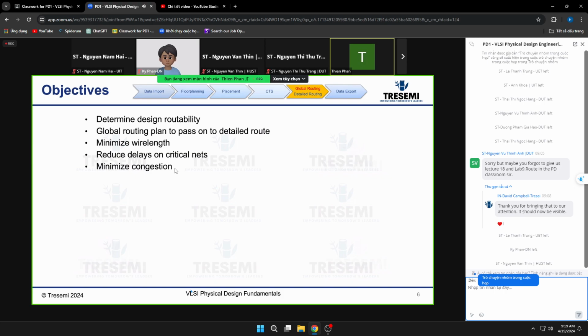So if we can't route the design, then we very much have to stop and analyze, and see if we have to go back and make improvements from a previous step before we can go to detail route.